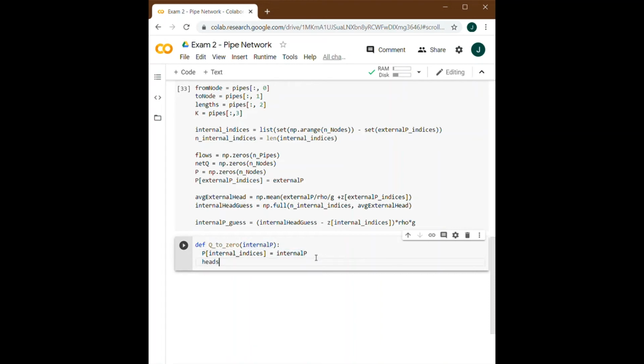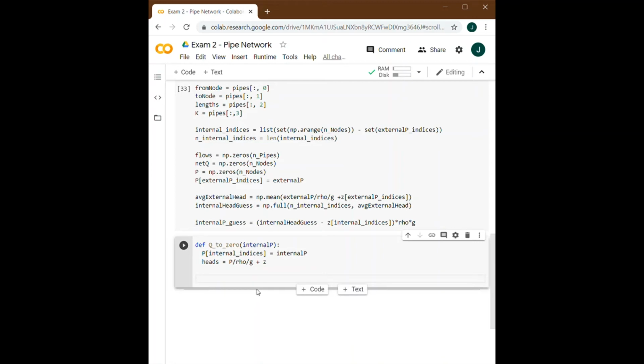Then we have a brief function to calculate heads, which is just P over rho over G plus Z. So what this will do is calculate the head at each internal node and external too.